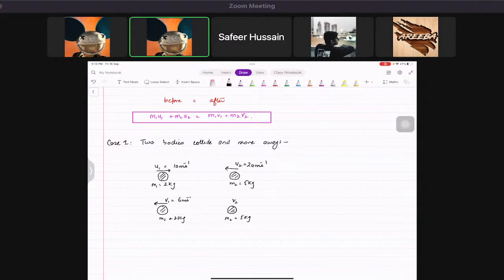So we have to find V2. The very first step is to assign the signs. I'm going to take positive on the right, negative on the left. You can also do it the opposite way. But according to this convention, I'm going to put negative signs on anything going left. Is it clear? Yes.